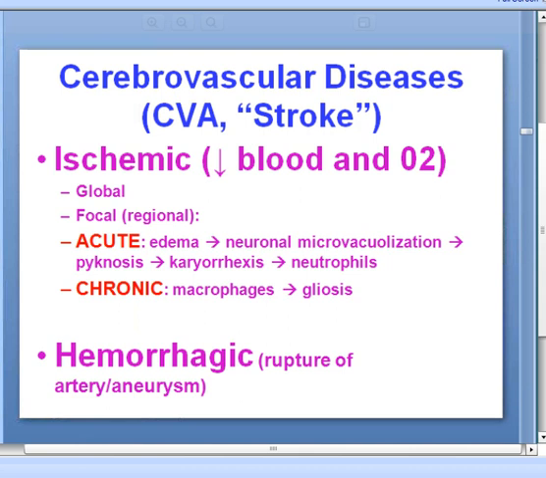In an ischemic stroke, if it was global, as you might guess, that's not compatible with life. You can have a regional CVA, which most of them are, at least for the people that live.